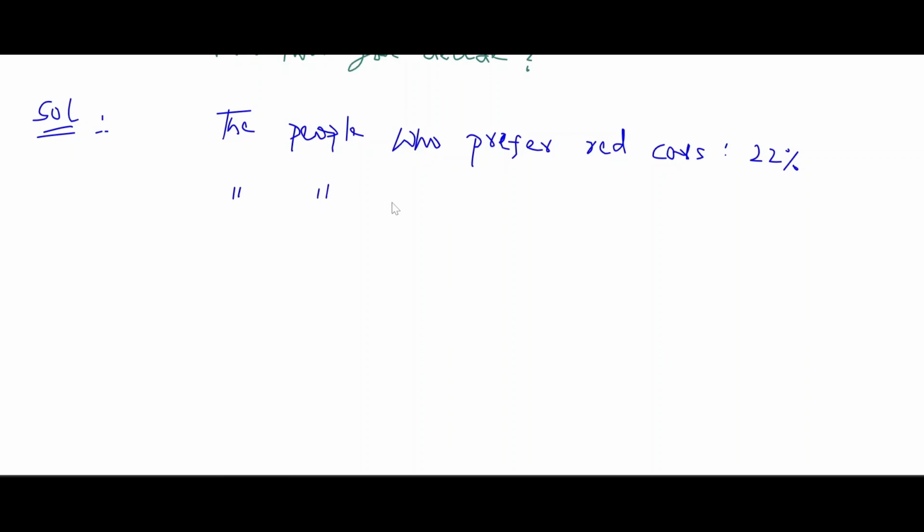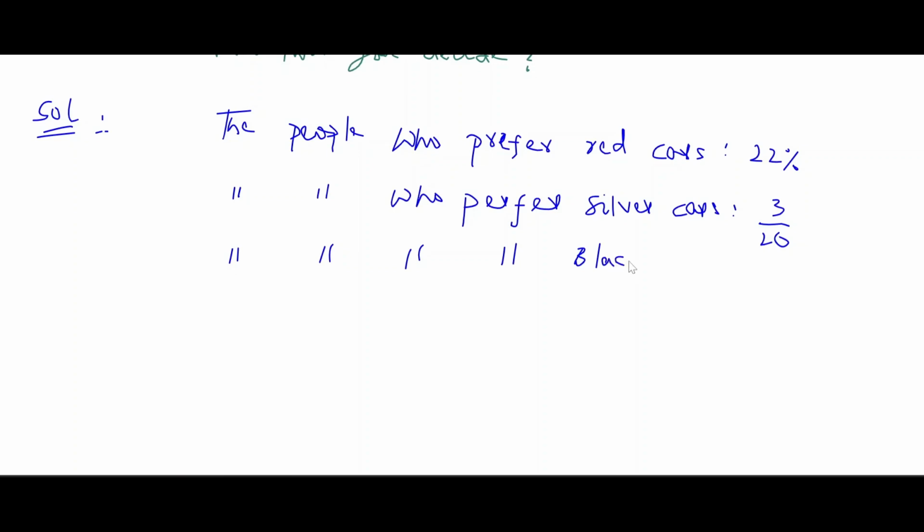Similarly, the people who prefer silver cars are 3 by 20, and those who prefer black cars are 6 by 25.